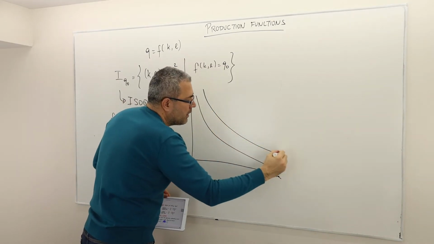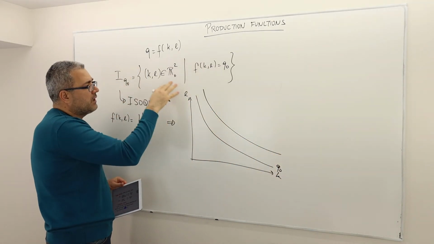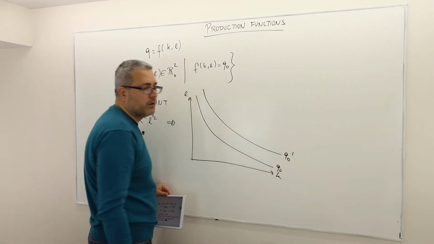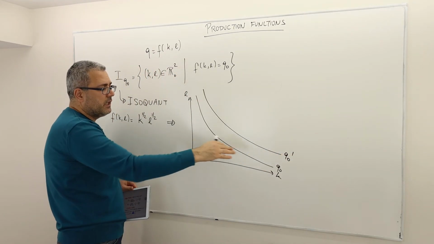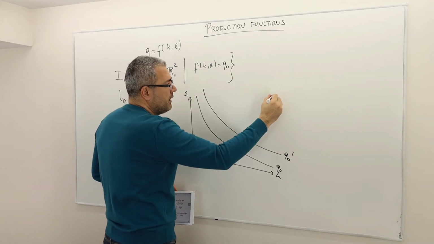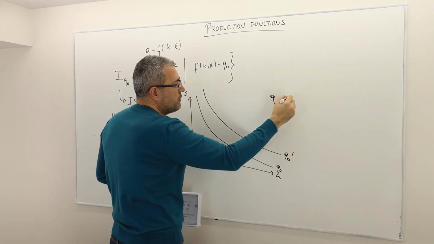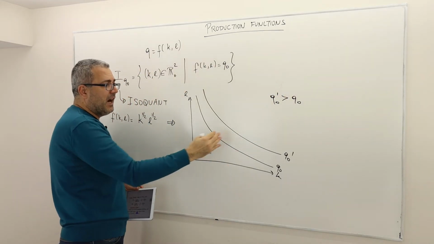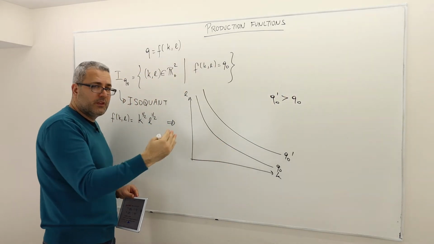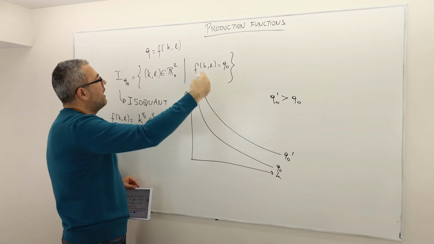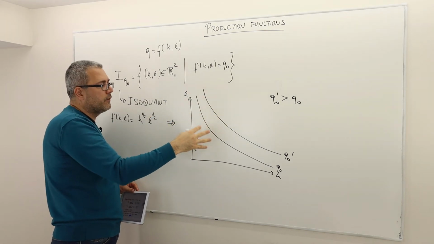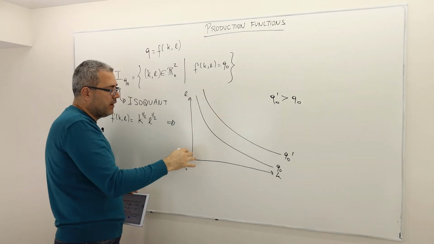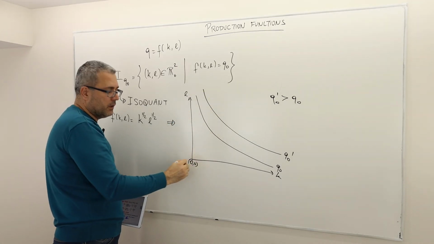If you are evaluating the same set for another level of output, let's call it Q0 prime, it's going to give you this level, but here the relationship between Q0 and Q0 prime is the following. The higher output level means a higher level curve, one that is farther away from the zero point, the origin.